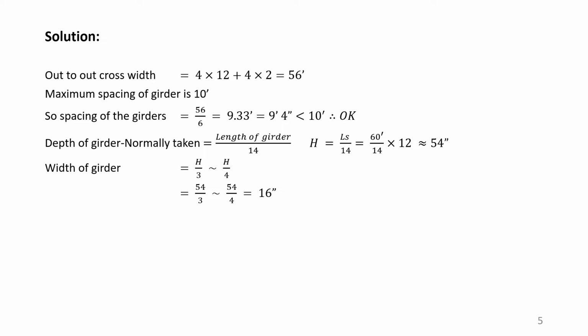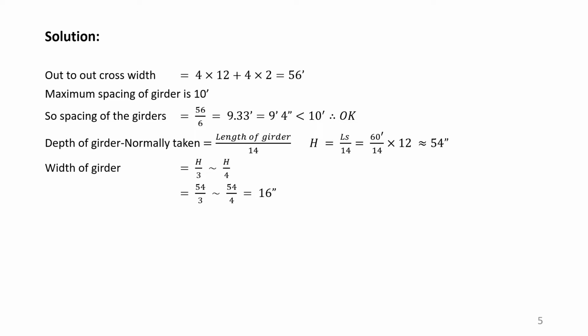In the previous course you have designed a 60 feet bridge, and if you divide the 60 feet by 14 into 12, that gives you 54 inches. This is the middle simply supported span depth.